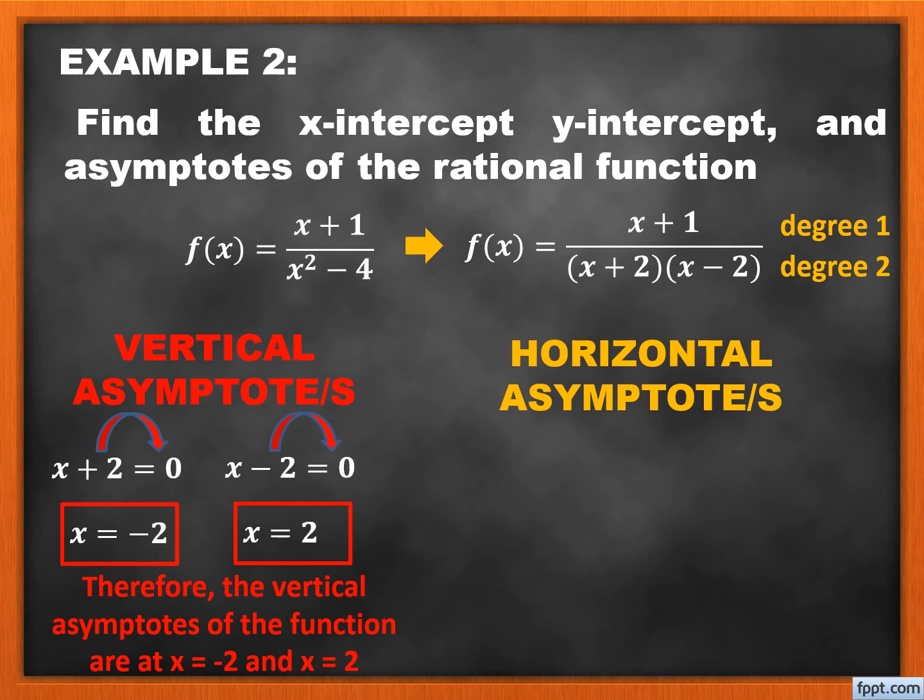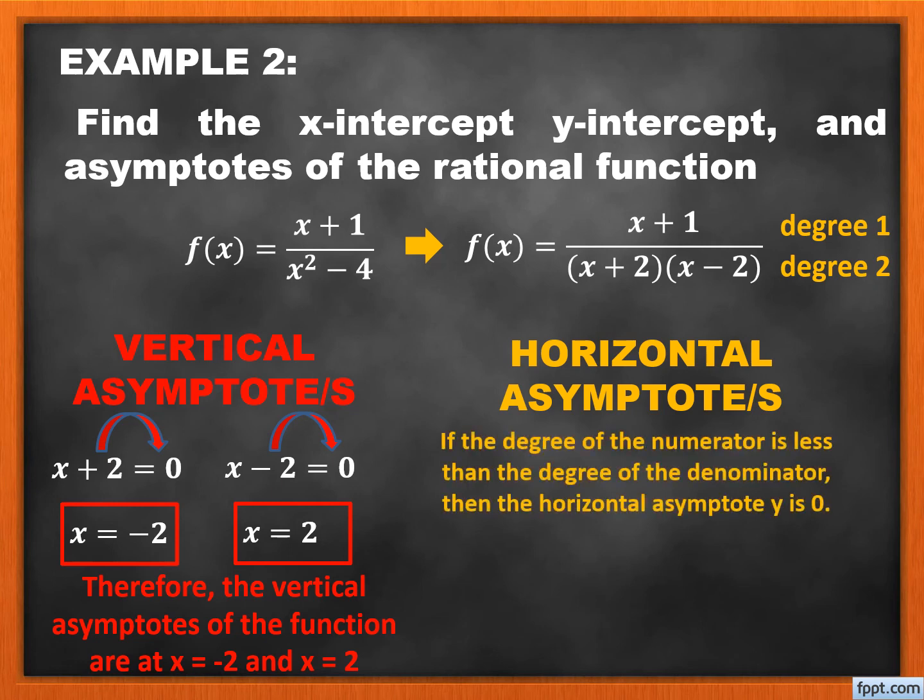So paano namin gagawin yung horizontal asymptote if the degree is 1 of the numerator, the degree of the denominator is 2? So kung mapapansin nyo, hindi sila equal, wherein mas mababa yung degree ng numerator sa degree ng denominator.